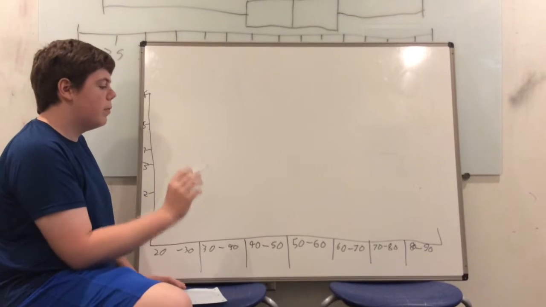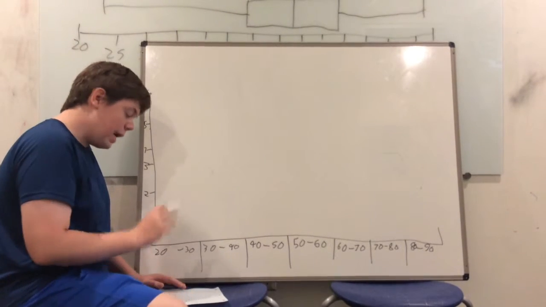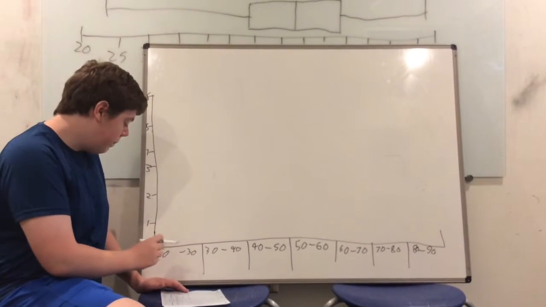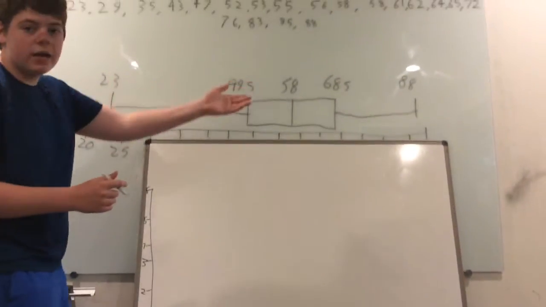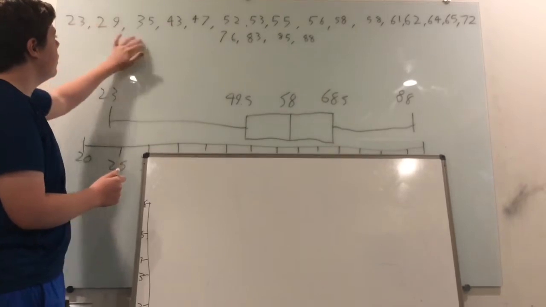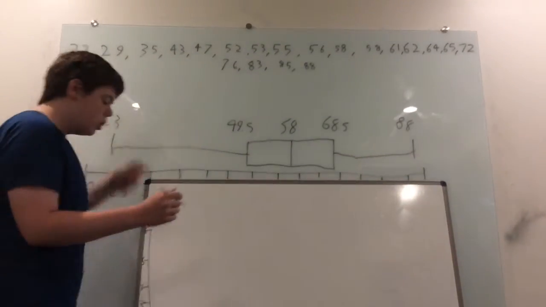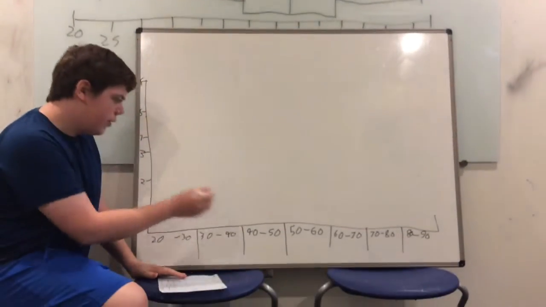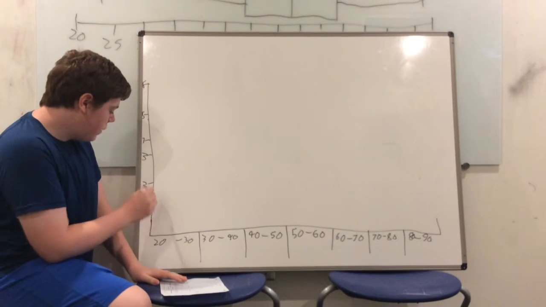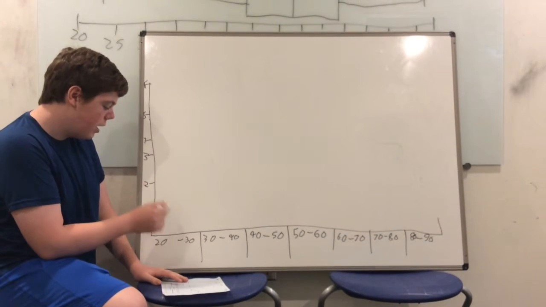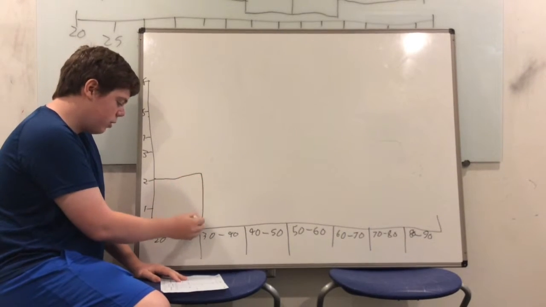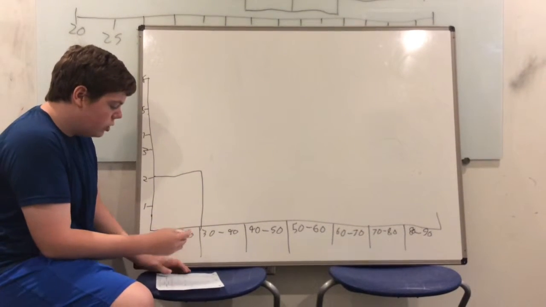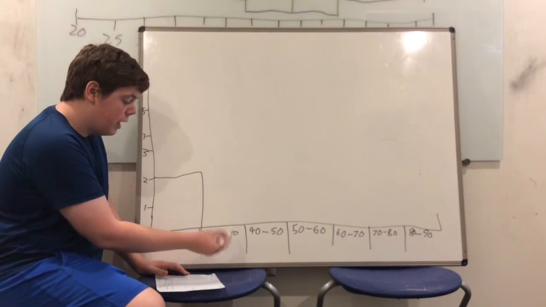But now what we have to do is figure out how many numbers are between 20 and 30. If you look at our data, between 20 and 30 we've got 2 numbers. So on the histogram we've got 2 right here, and this is where our bar is going to be.